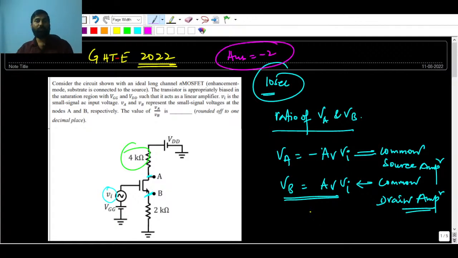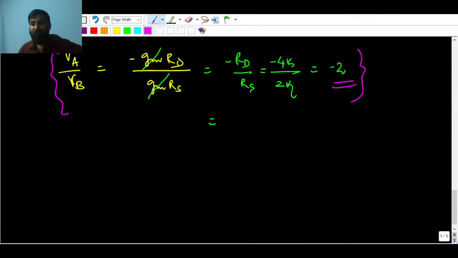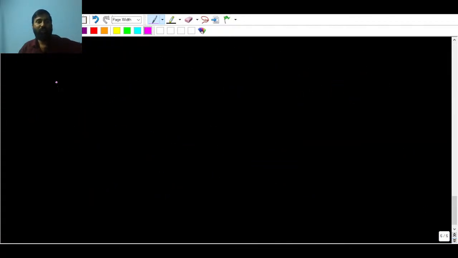So you give me any kind of amplifier, and if you want to calculate the gain, I will calculate the gain within 10 seconds only, without drawing any small signal model. Why? Because you are restricted to your nodes. You know that the gain of the amplifier is minus gm rd. That's it, your life is ended here.